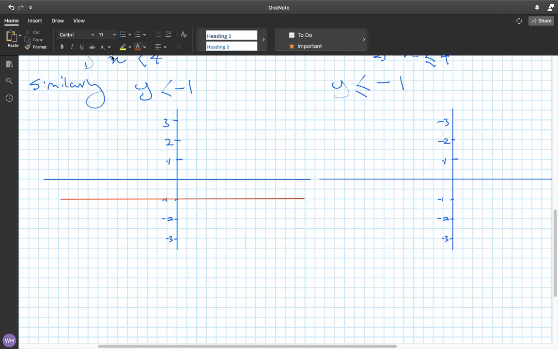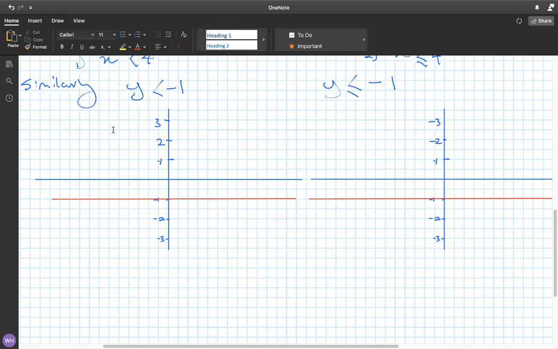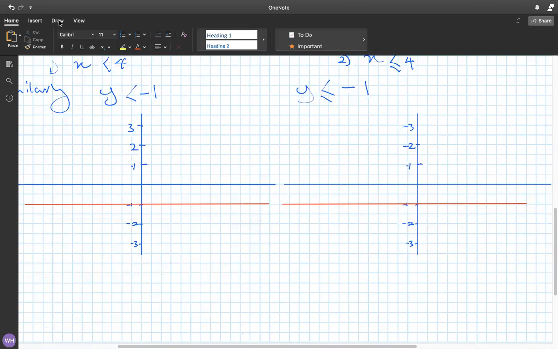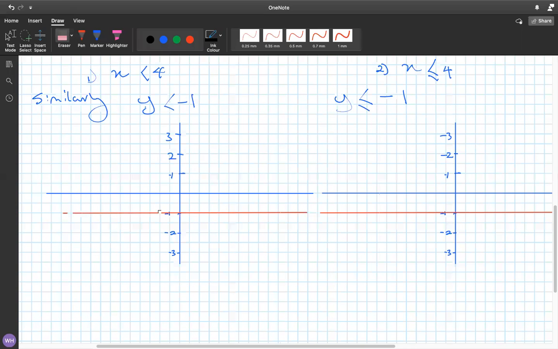So if it is not equal, so what you have to do is, take a pen.